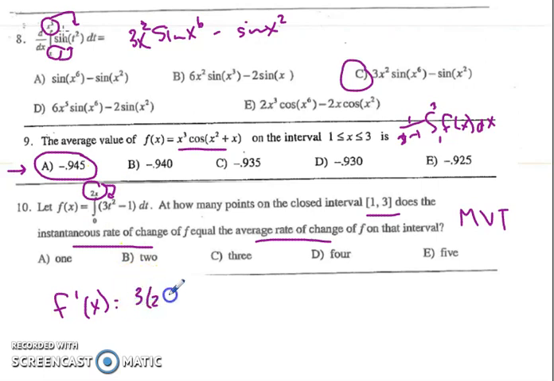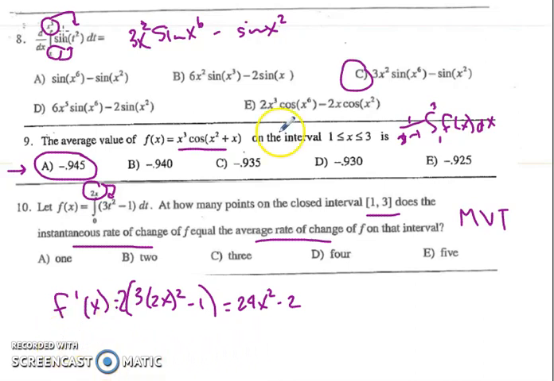So I have 3 times 2x squared minus 1, all times the derivative of 2x, which is 2. So that's going to simplify out. 2x squared is 4x squared times 3 is 12x squared times 2 is 24x squared minus 2 times 1. So there's my f prime.